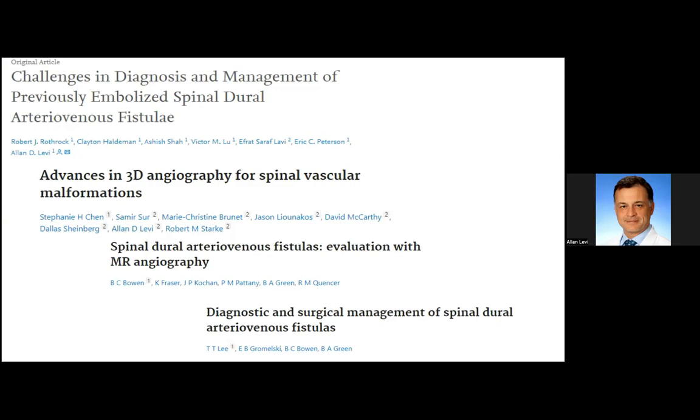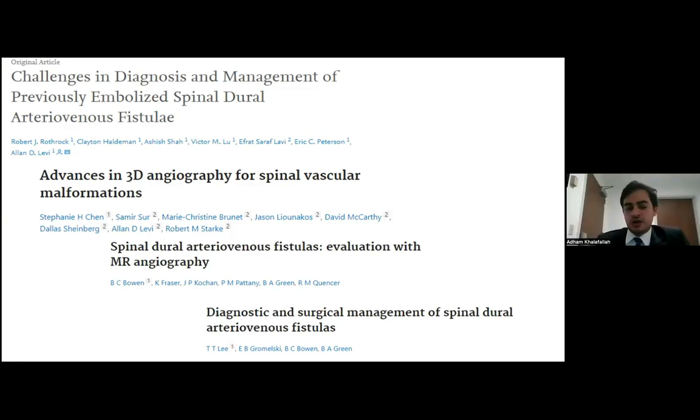Yeah, I agree with you, Dr. Levy. There's a lot of papers by Dr. Bowen by himself, as a single author, where he explains the MR angiography, and it led to my understanding a lot more about how it developed and the different sequences and why it's different than just the normal MRI. So I think that's very helpful as well for us as residents to be aware of.